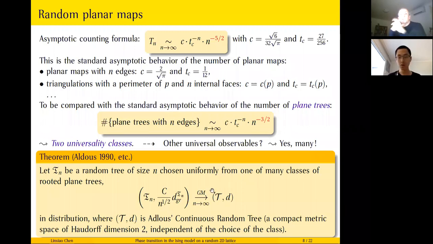And the point is that this continuous metric space does not depend on the class of rooted plane trees that you choose.